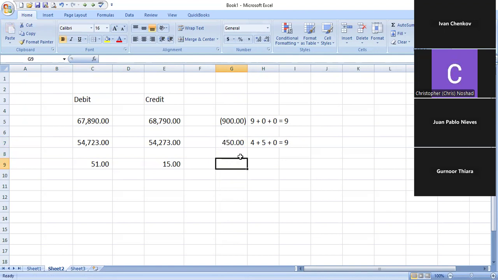The difference is, sorry, 36. So we're down to 3 plus 6. Total is equal to 9. Transposition error. That's how easily you can find a transposition error.